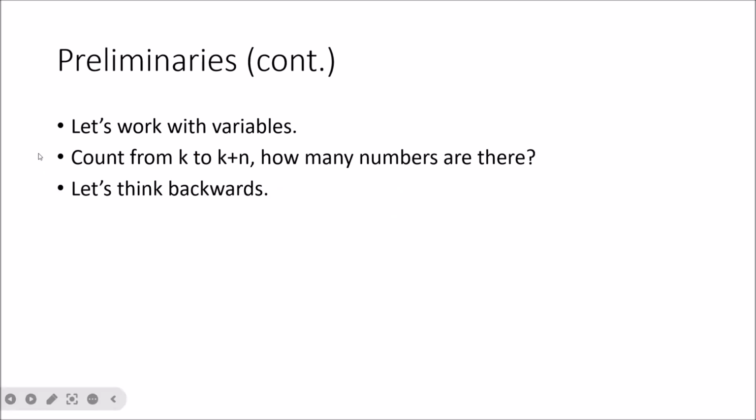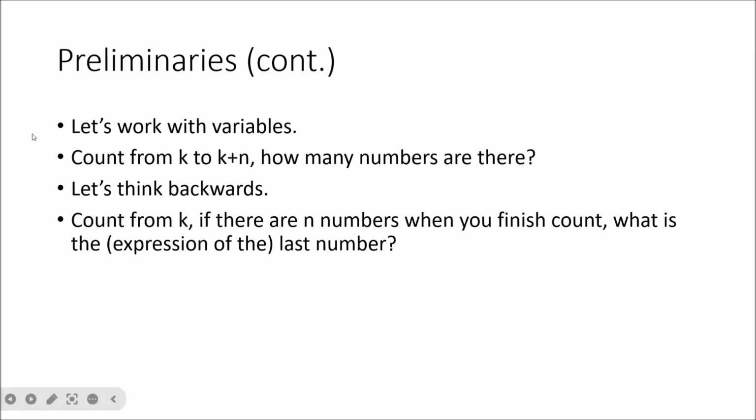Now let's think backwards. If you start to count from k, getting bigger and bigger, k, then k plus 1, and then dot, dot, dot, and I tell you there are n numbers here, what is the expression of the last number? It's tempting to say k plus n, but then k plus n minus k, you need to add 1 back.